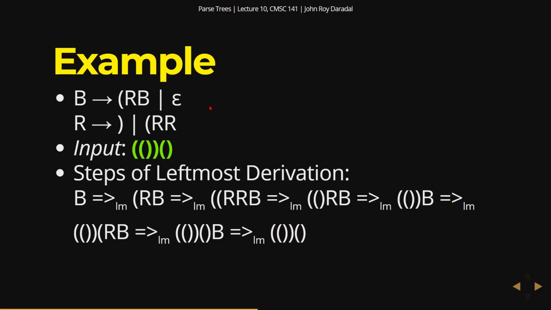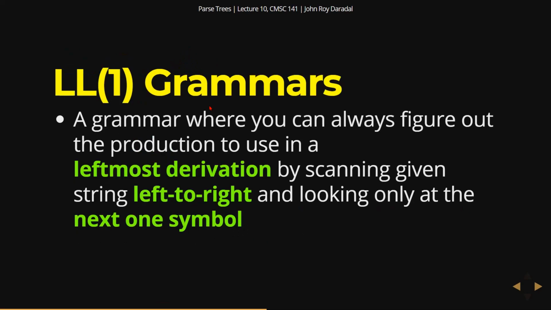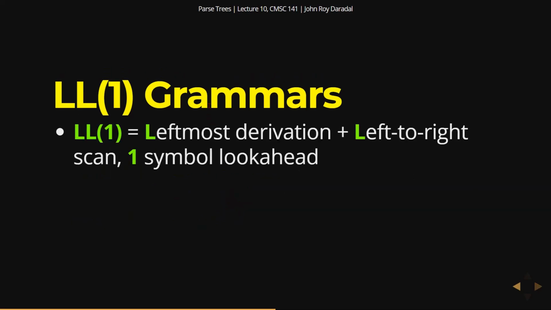So this type of grammar is called an LL1 grammar. An LL1 grammar is a grammar where you can always figure out the production to use in the leftmost derivation by scanning the given string from left to right and looking only at the next one symbol. The term LL1 comes from the leftmost derivation.